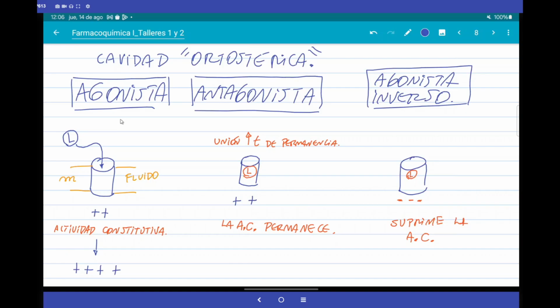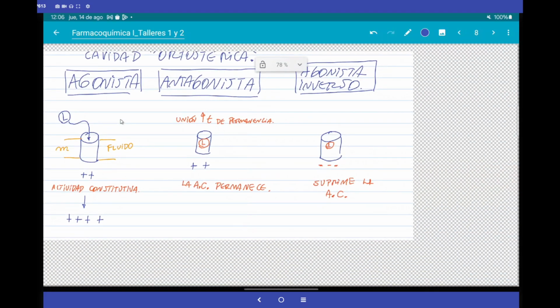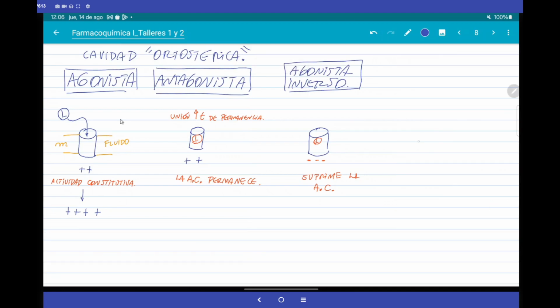Example, I am trying to think of something that comes to mind quickly, the chlorine channels in the brain. When the GABA neurotransmitter arrives at a chlorine channel, the GABA neurotransmitter is linked, the chlorine channel opens, and if the channel opens, more chlorine will enter the cell.